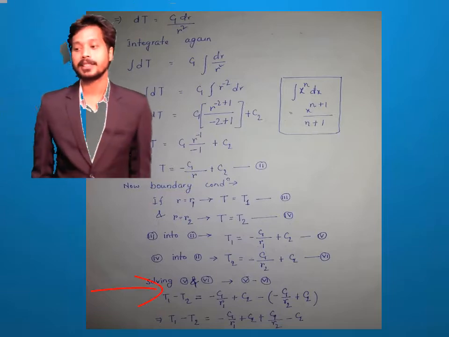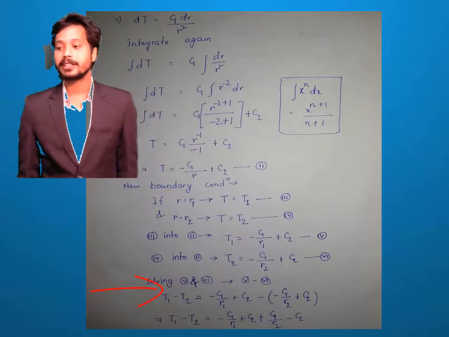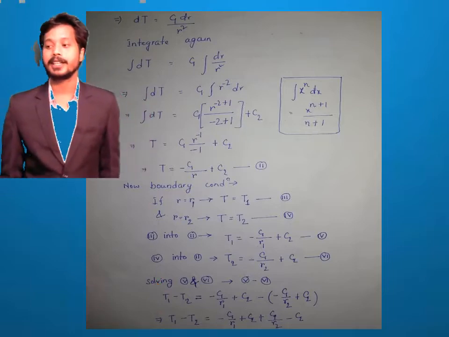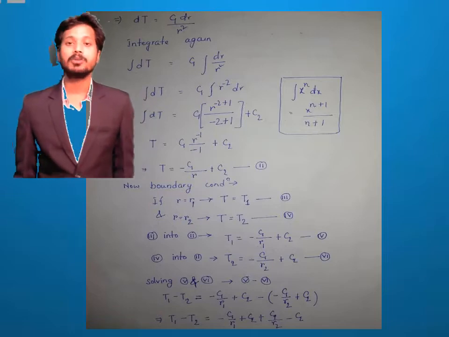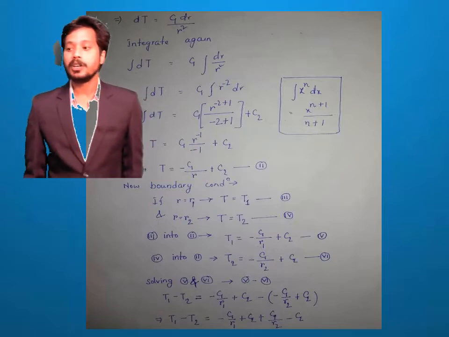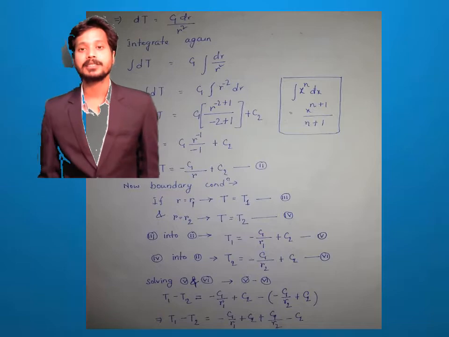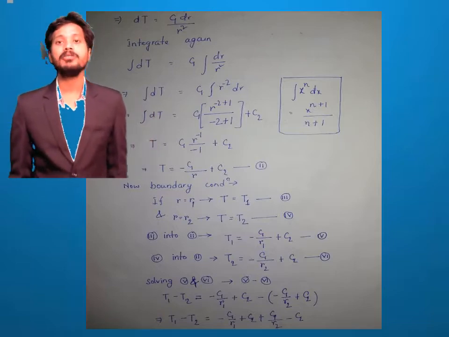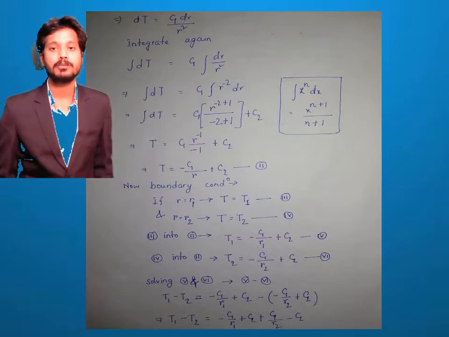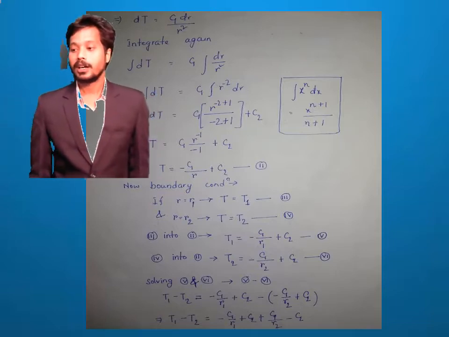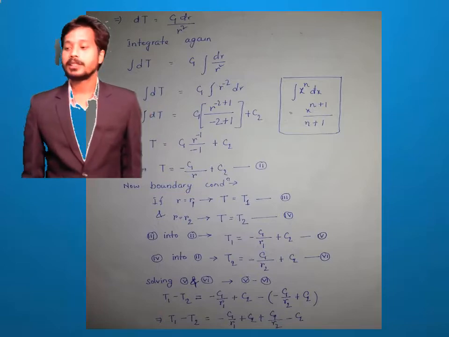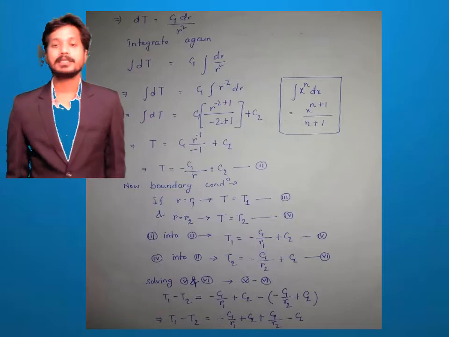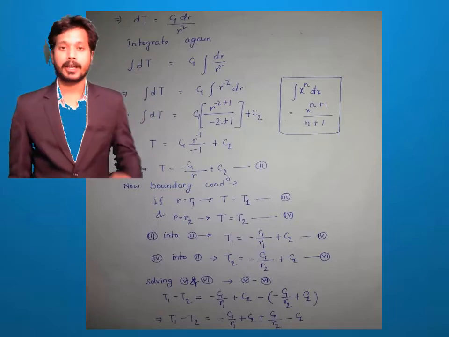If we do 5 minus 6, on the left hand side we get T1 minus T2 equals, on the right hand side, if we subtract, minus C1 by R1 plus C2 minus, within bracket, minus C1 by R2 plus C2. So finally we get T1 minus T2 equals minus C1 by R1 plus C2, then plus C1 by R2, then minus C2, if we remove the bracket.